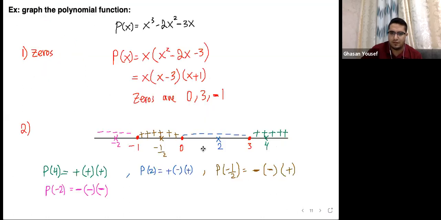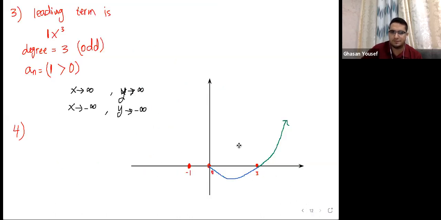For the third one, between minus 1 and 0 it's positive, above the x-axis.